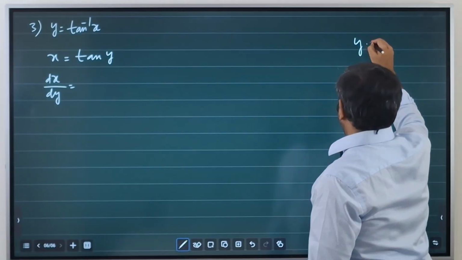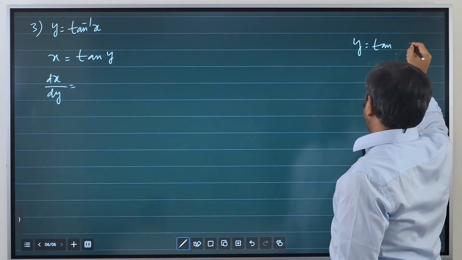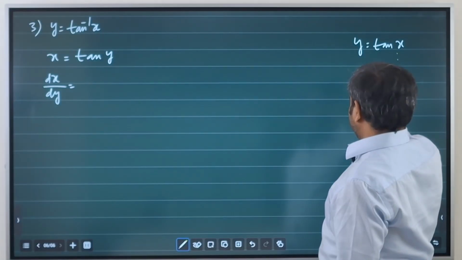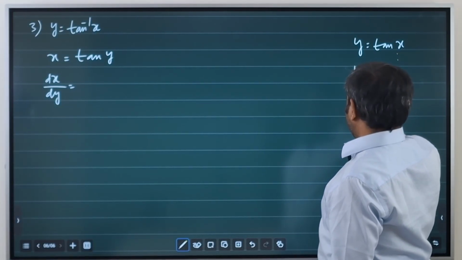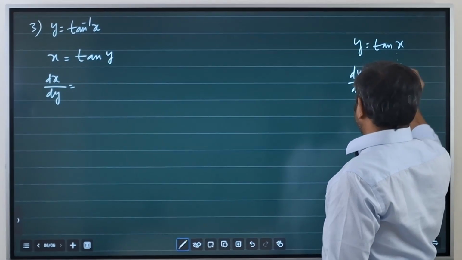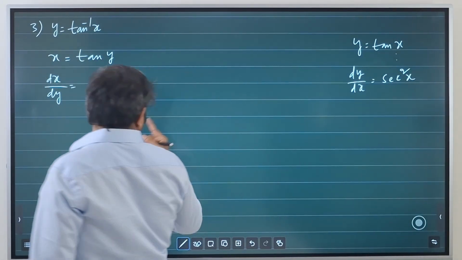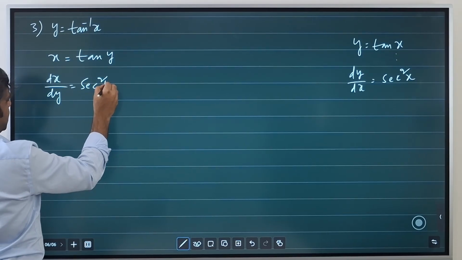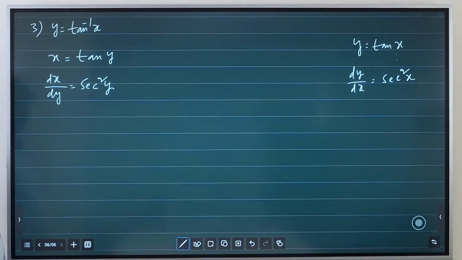If y is equal to tan x, we derived in one of the last videos that dy by dx is equal to secant square x. So if you use that formula, you will get dx by dy is equal to secant square y.